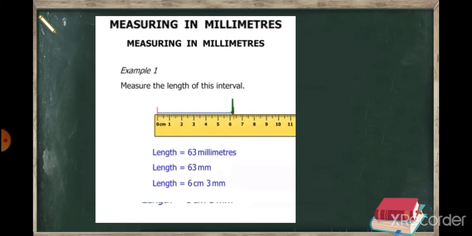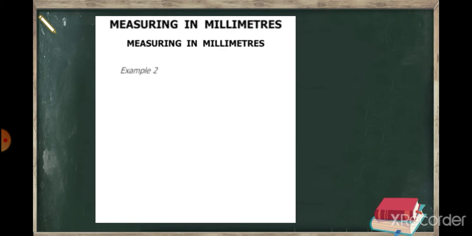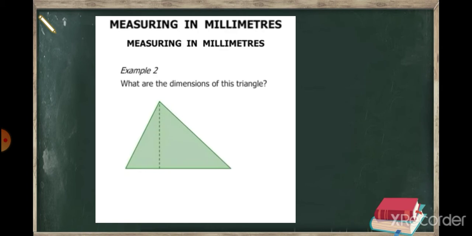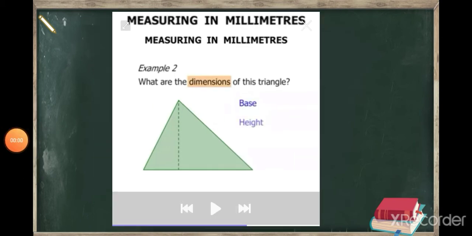Now, let's have another example of the same. What are the dimensions of the triangle? The word dimension means the base and height of the triangle. Now bring a ruler.